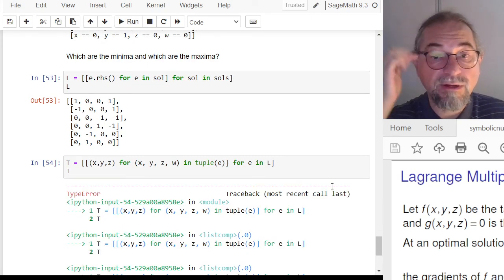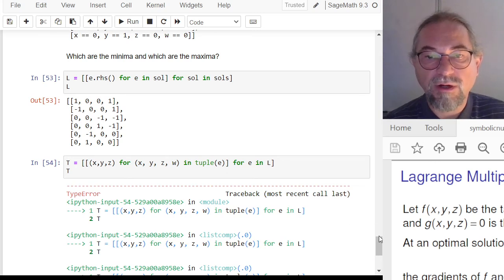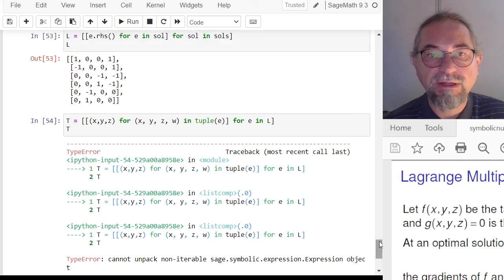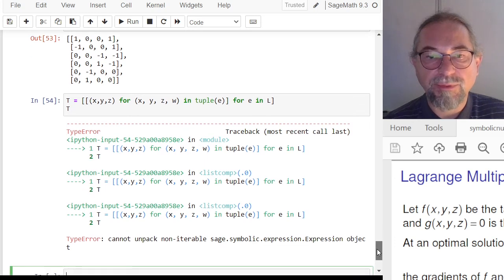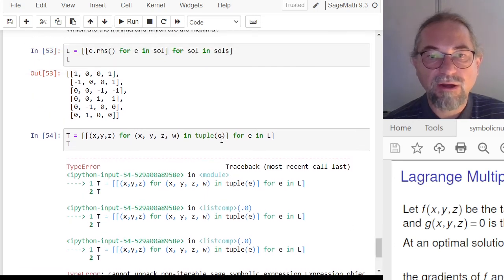Okay, so this is an interesting exercise because I wanted to do too many things at once. So for E in L, which gives me a list, so I have a tuple which I cannot unpack.